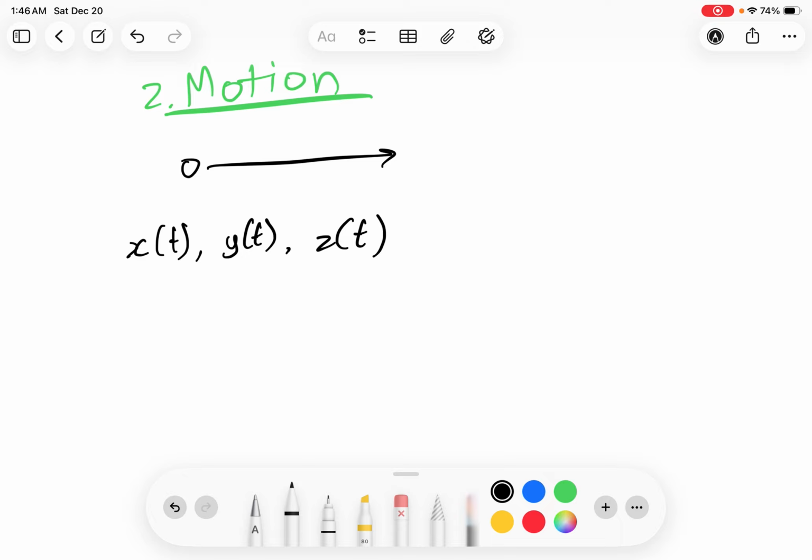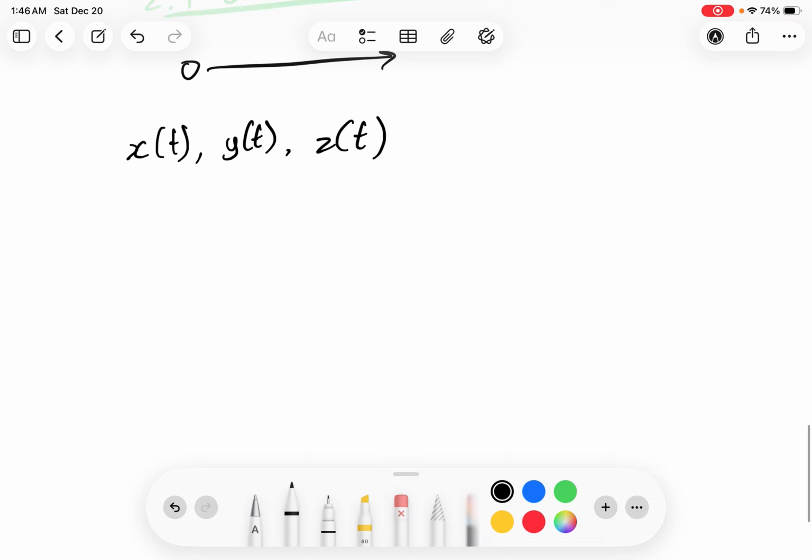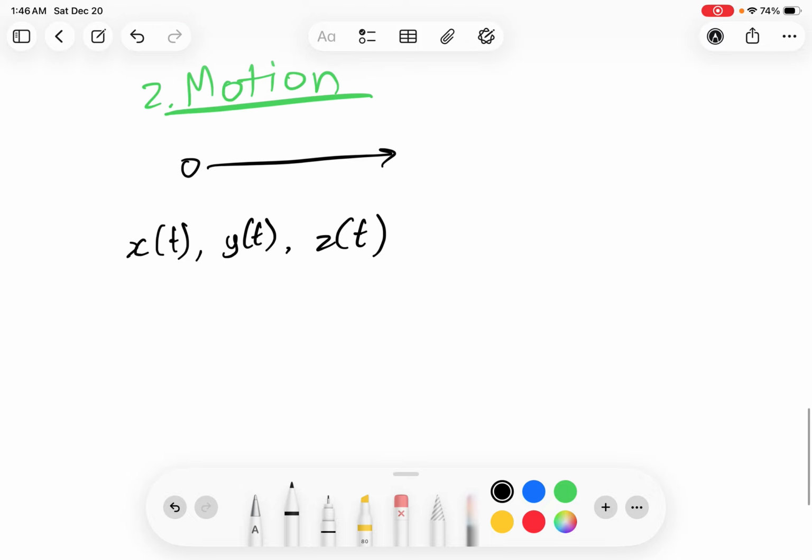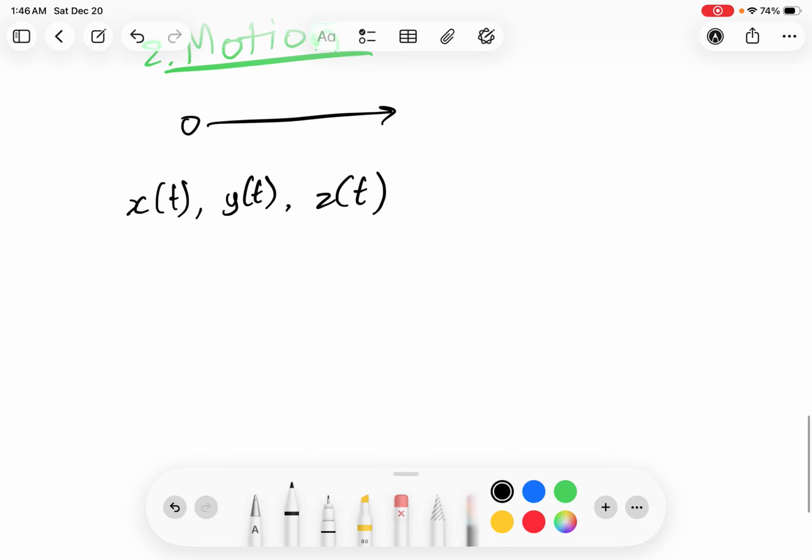That would be denoted by this. So at time 2 seconds, its x coordinate might be around 4, the y coordinate maybe 0, and the z coordinate also 0. Similarly, position can also be thought of as a vector.